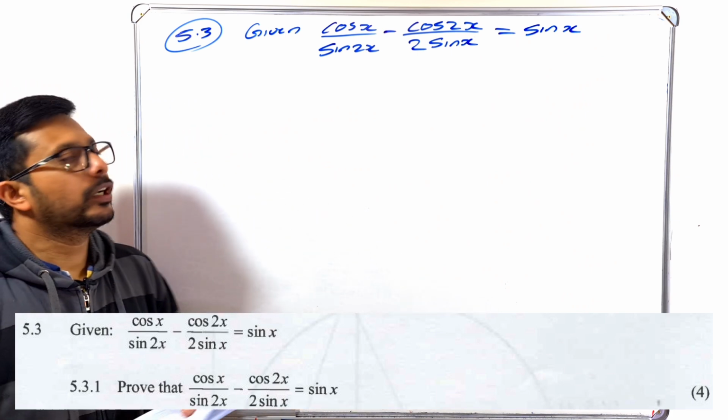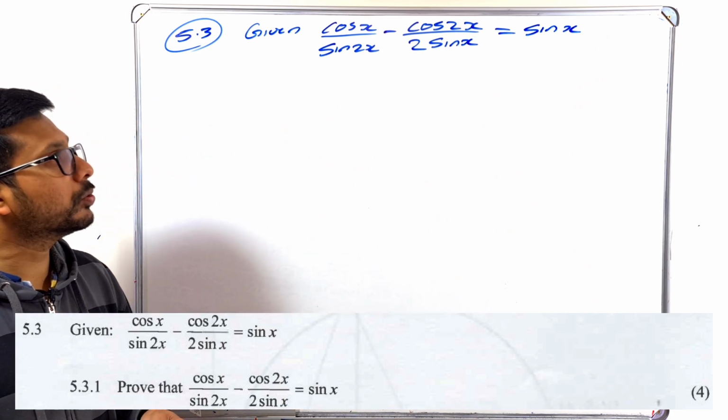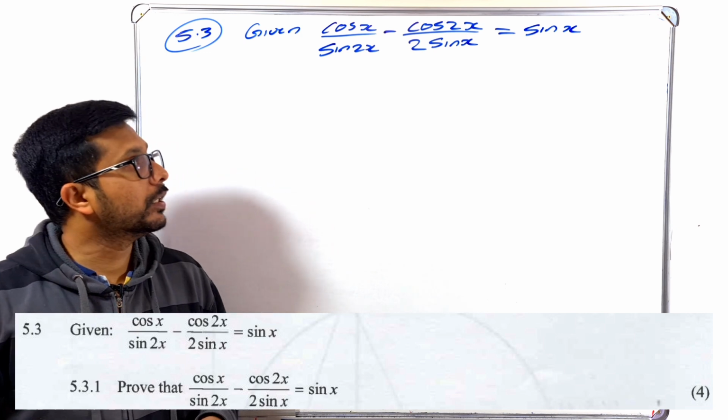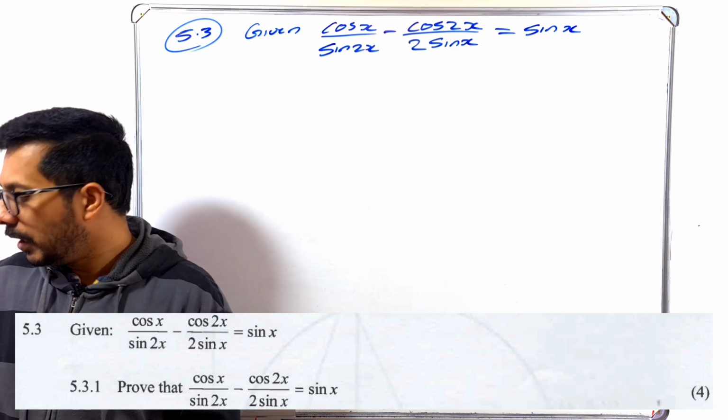So cos x divided by sin 2x minus cos 2x divided by 2 sin x is equal to sin x. So this is the question.